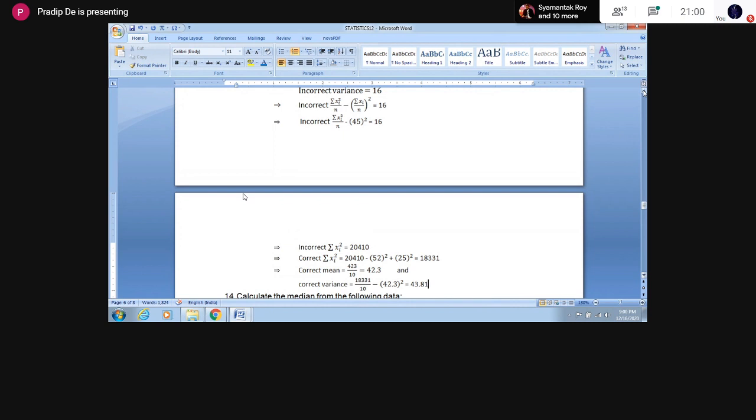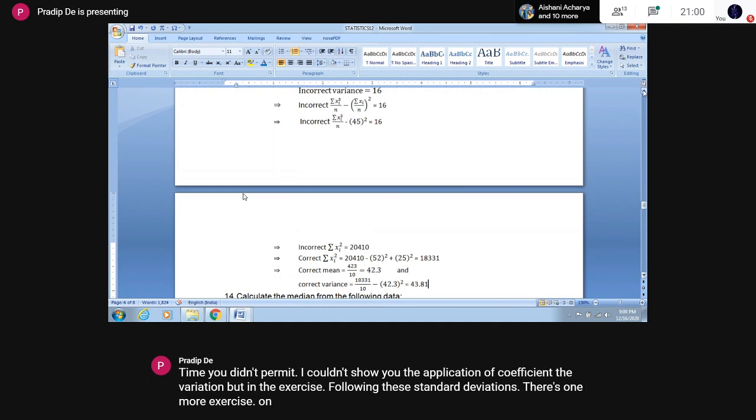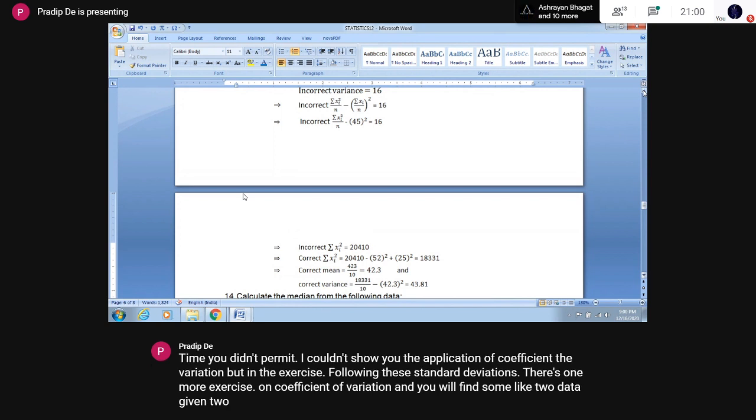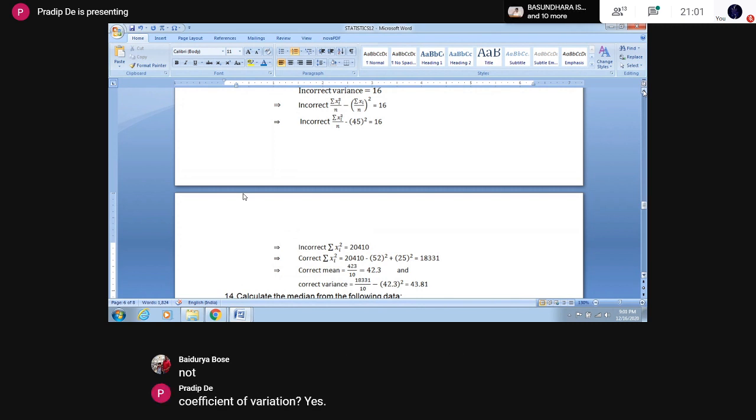Time didn't permit, I couldn't show you the application of coefficient of variation, but in the exercise following the standard deviation, there's one more exercise on coefficient of variation, and you will find sums like two series given, and you have to find out which one is more consistent. So there, you have to find out the coefficient of variation. Lower the value, more the consistency.